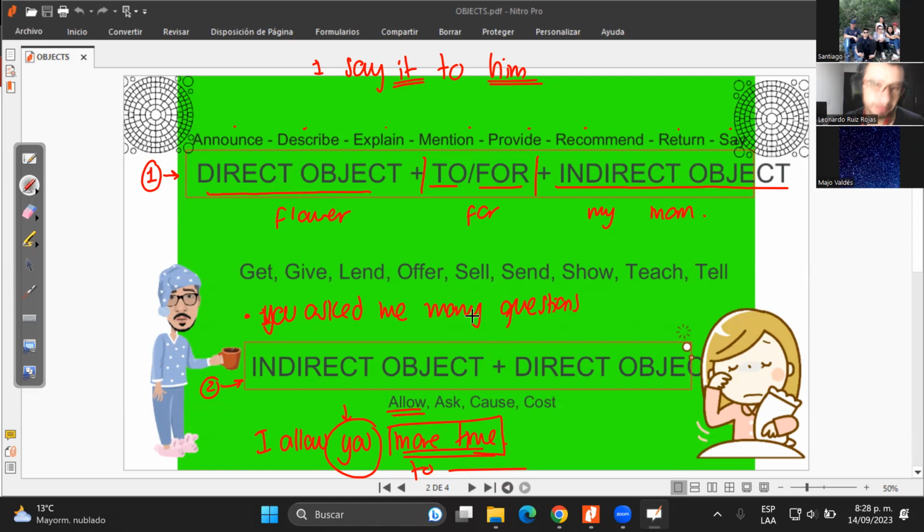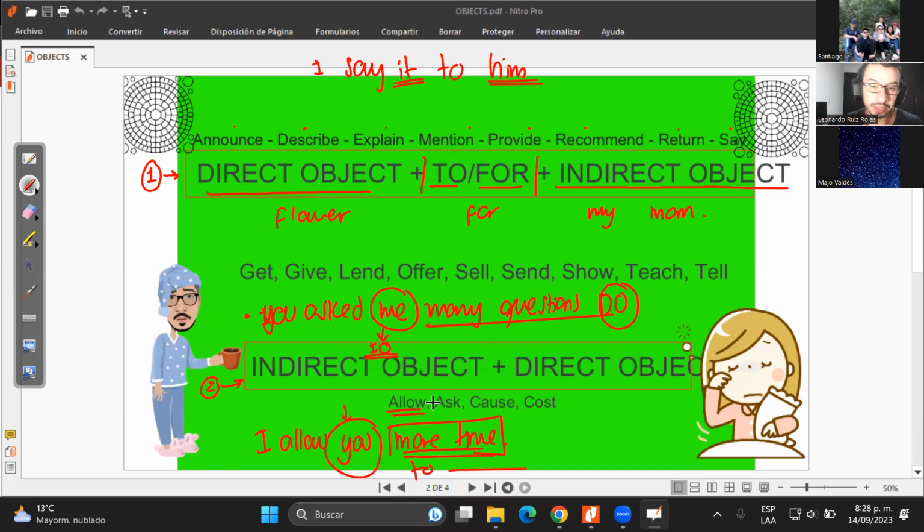Many questions, of course, because that's the thing that is being asked. So this is the direct object. And me, who am the person who's receiving the questions, I'm going to be the indirect object, right? Ready? Easy.